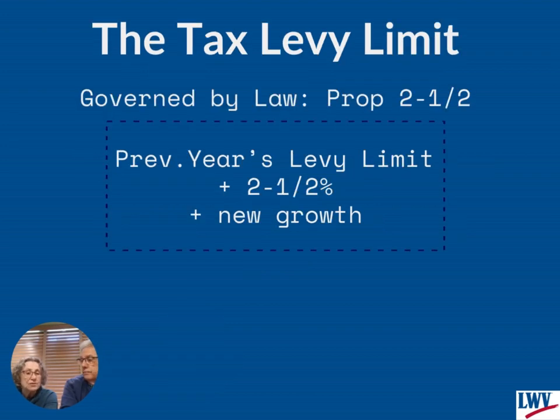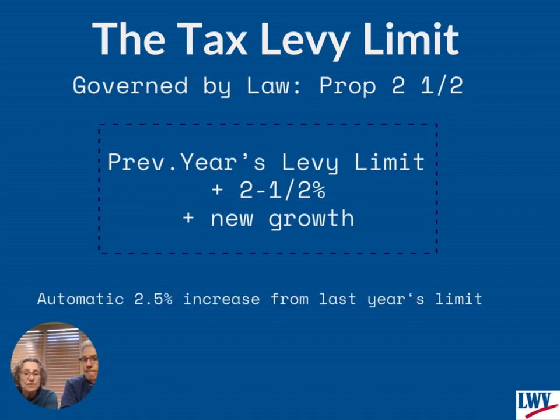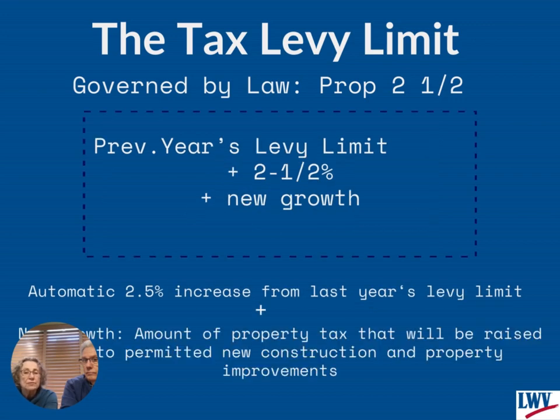Every year, the Massachusetts Department of Revenue calculates a tax levy limit for each town. That calculation is governed by Proposition 2.5. It starts with the previous year's levy limit, then they add an automatic 2.5% increase, and then an amount for new growth in the town is added.